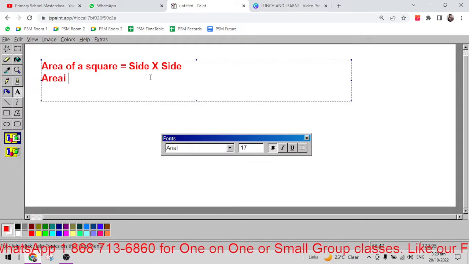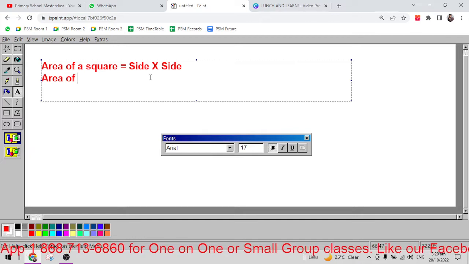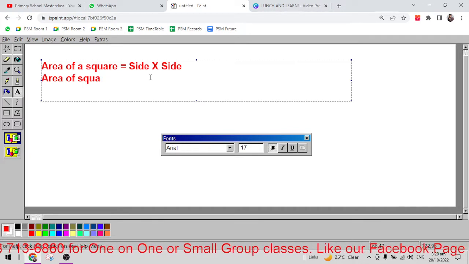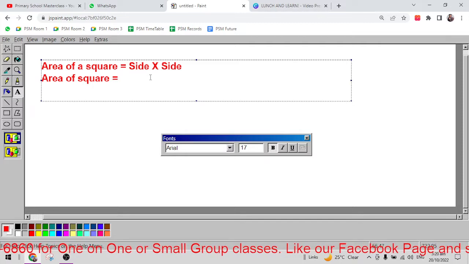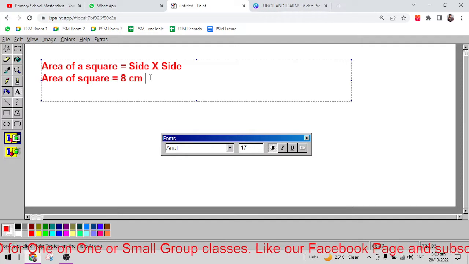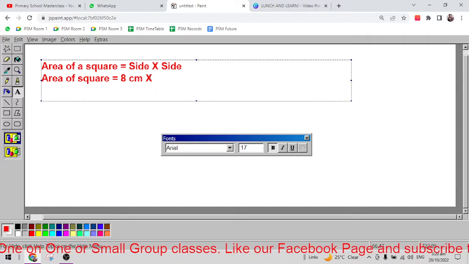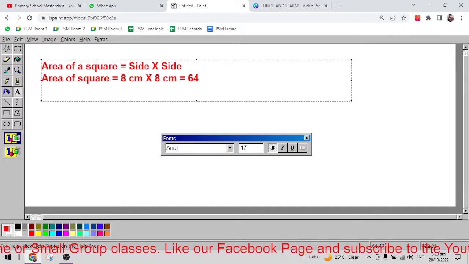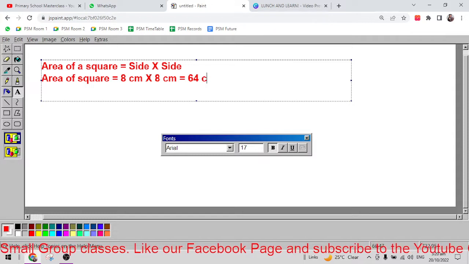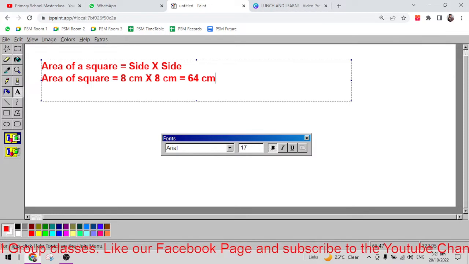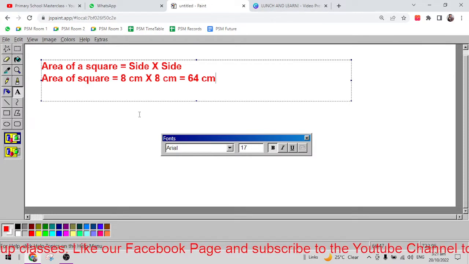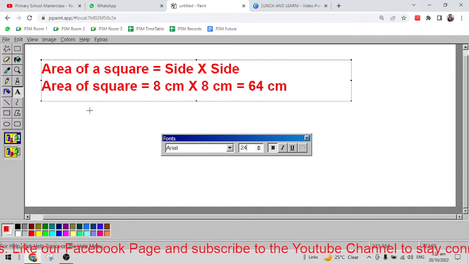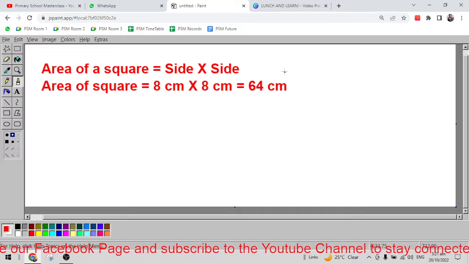So area is 8 centimeters by 8 centimeters. 8 by 8 is 64. When you're doing area, please always remember square units.